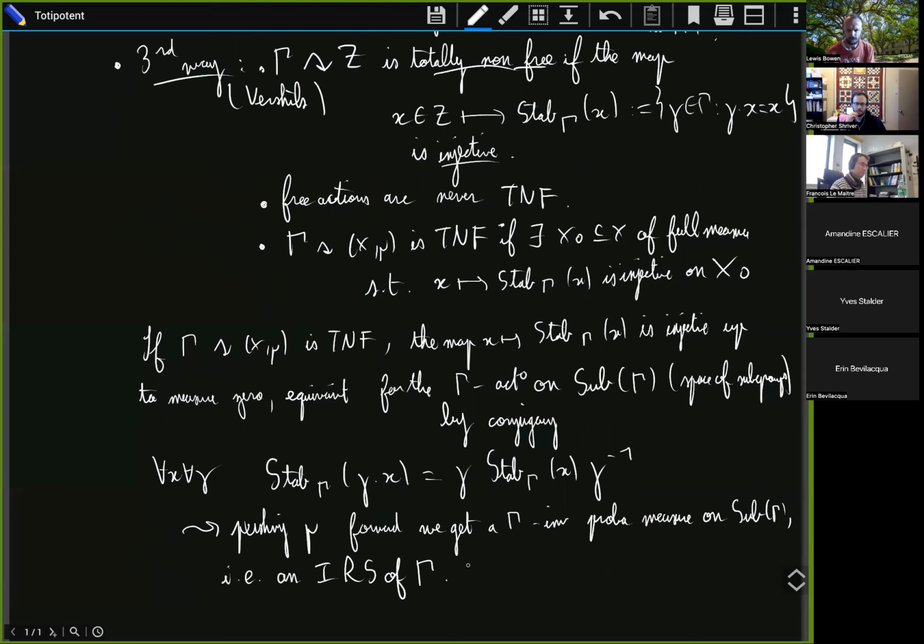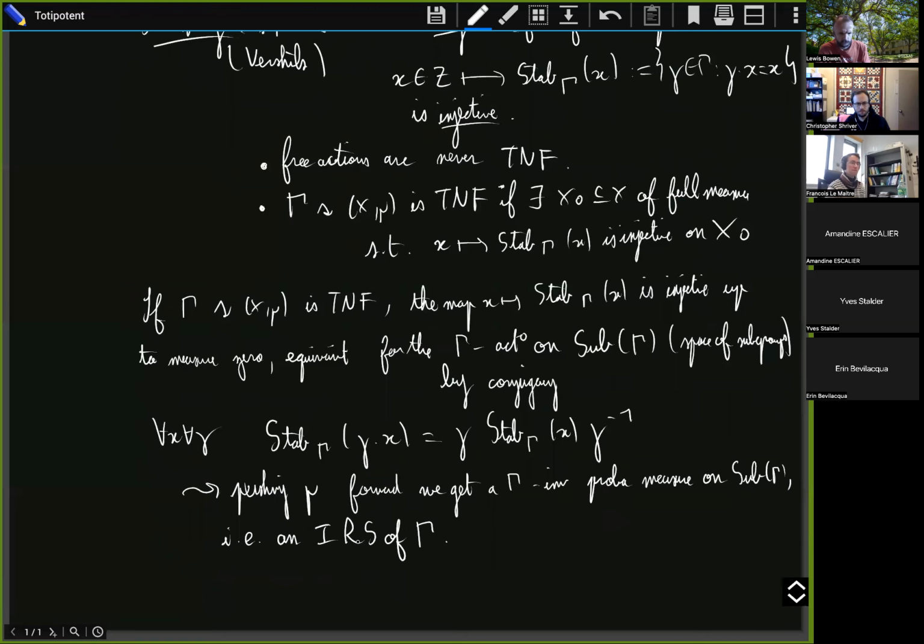And what is the point? This is always true for every measure preserving action: you can always associate an IRS. Note that when the action is free, this IRS is just the Dirac measure on the trivial subgroup. But in general, when you're looking at non-free actions, the associated IRS of the action is an interesting invariant of the action. And the point is that when the action is totally non-free, this IRS is conjugate to your initial action because of the injectivity.